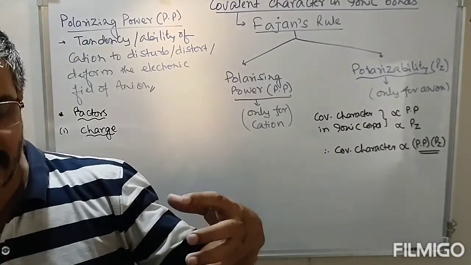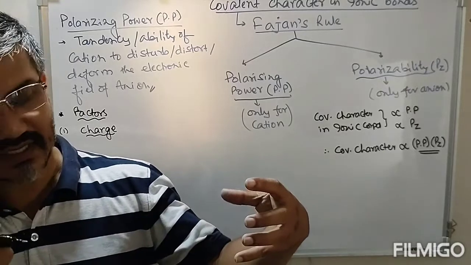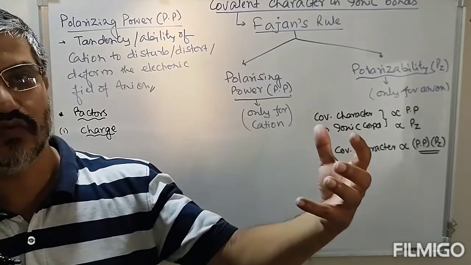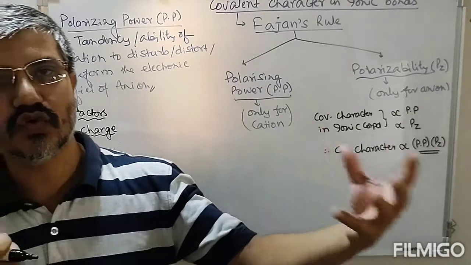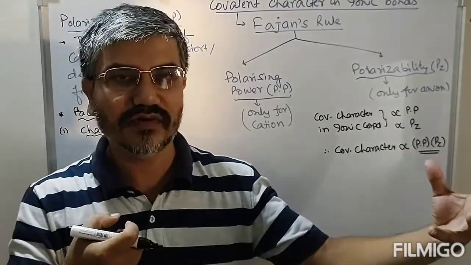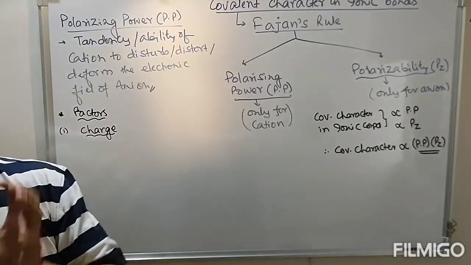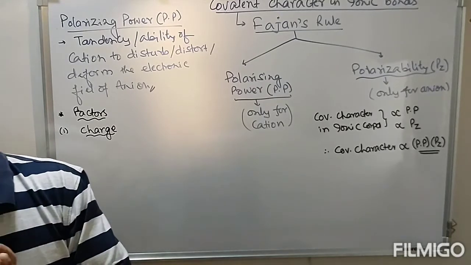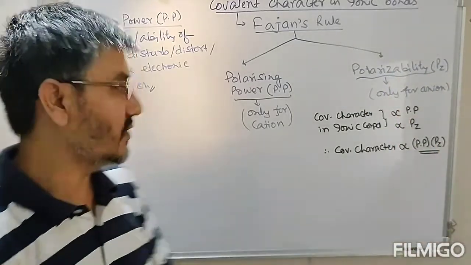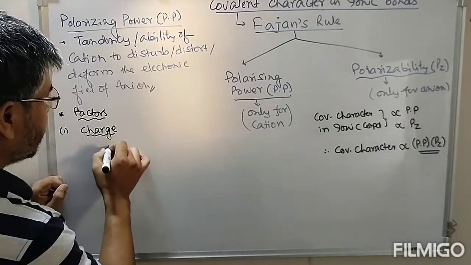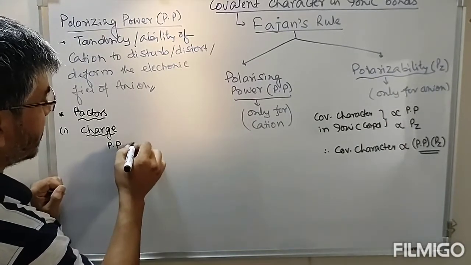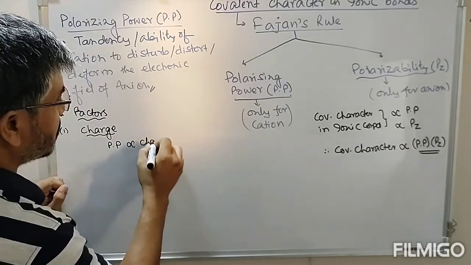So this cation will have more tendency to disturb or distort the electronic field of the anion, because the positive charge density on the cation is more, so this will have more polarizing power. So the polarizing power is directly proportional to the charge on cation.